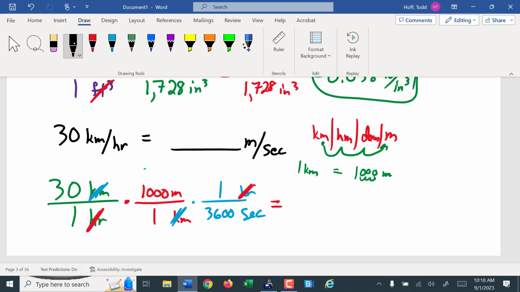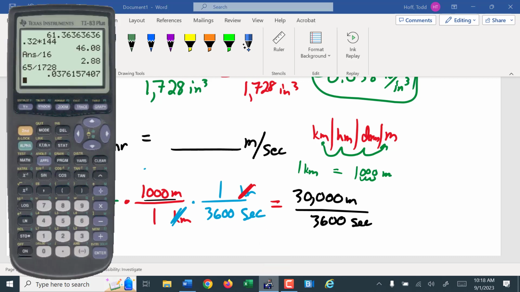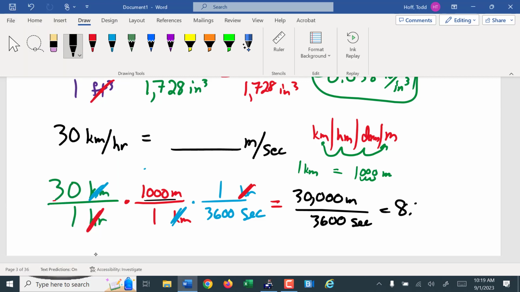On top, 30 times 1,000 meters times 1 is 30,000 meters. On bottom, 1 times 3,600 seconds is 3,600 seconds. So 30,000 divided by 3,600 is 8.33 meters per second.